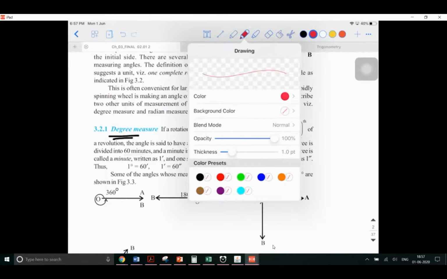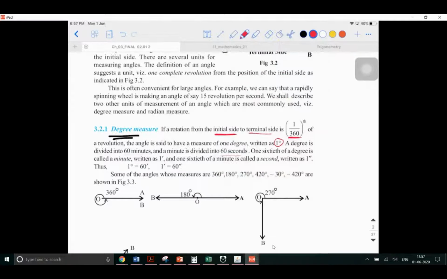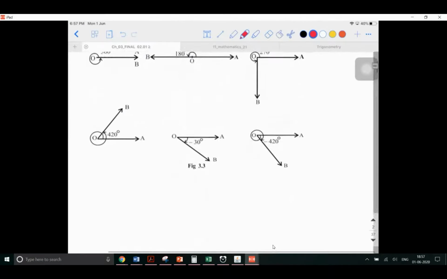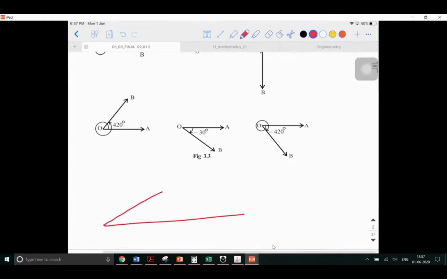Is everyone clear with this? This is the important point. This is the concept on which the problems are solved. Is everyone clear? So to better give you a version, if this is going to be 1 degree, then this 1 degree is divided into, if I draw lines like this, there will be 60 such lines.